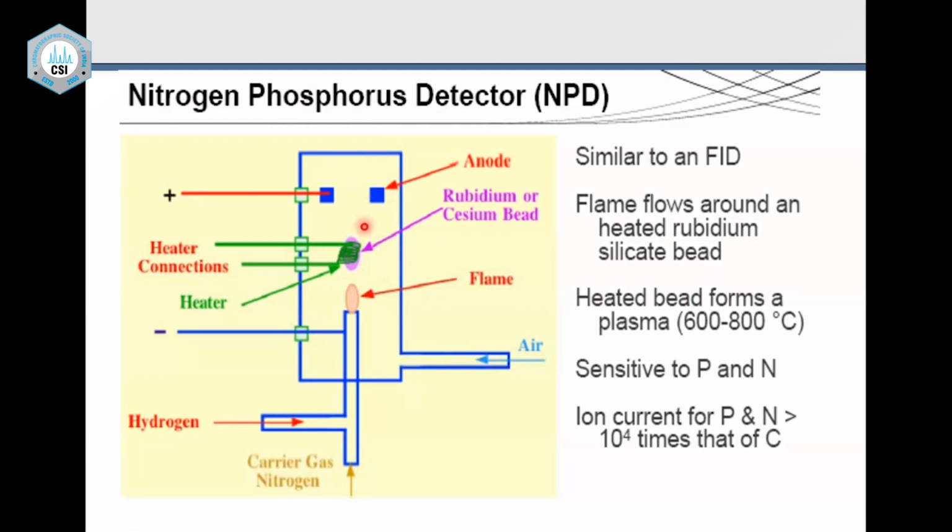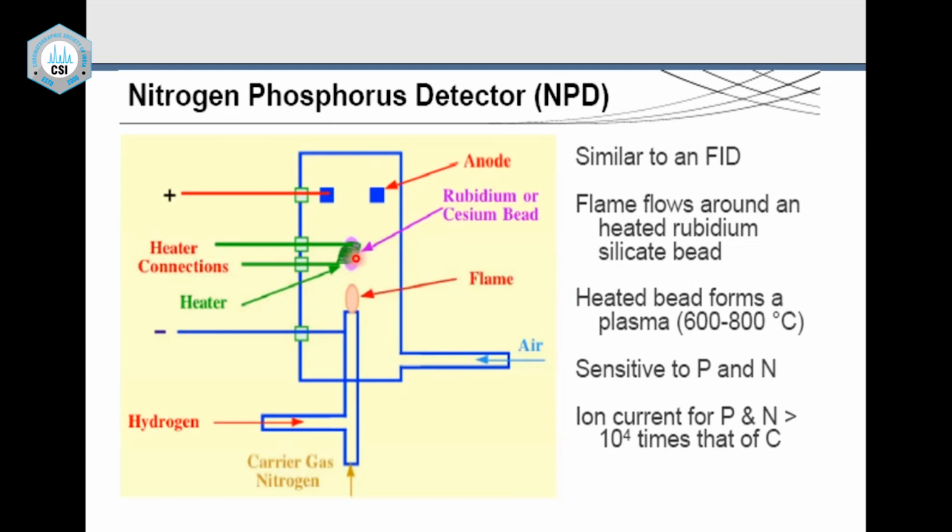There is a rubidium silicate bead which is kept above the flame here, and this bead contains rubidium. Rubidium is an alkali metal element, so because of the heat here it gets excited, and when it gets excited it transfers the energy to nitrogen and phosphorus-containing organic compounds. They get ionized more than the hydrocarbons, and the detector will detect them much better compared to just a flame ionization detector.